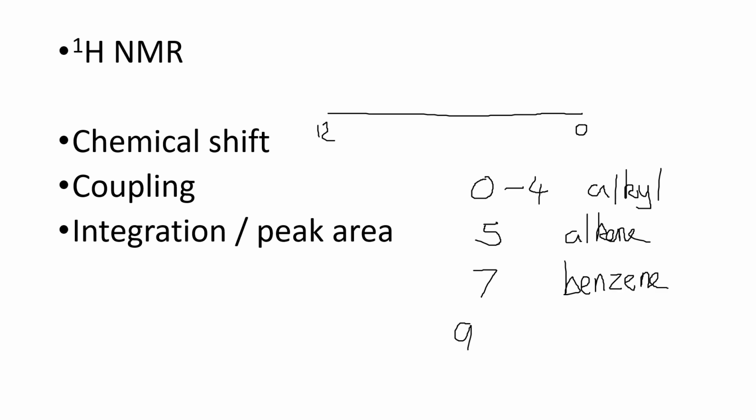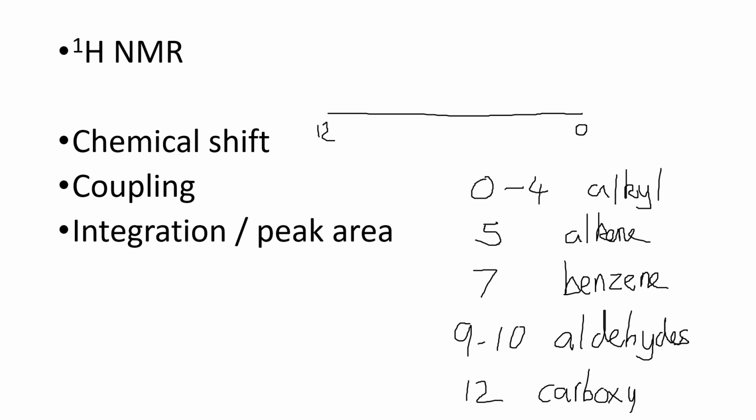If it's between 9 and 10, we're typically looking at aldehydes, so the hydrogen is part of the aldehyde group, and then carboxylic acids would be about 12. So this is a pretty good rule of thumb. However, you can get a lot more detail than this on your data sheet, so always refer to the data sheet. And that's chemical shift. It will tell you something about where that hydrogen is within the molecule.